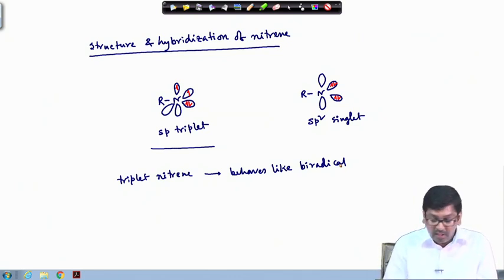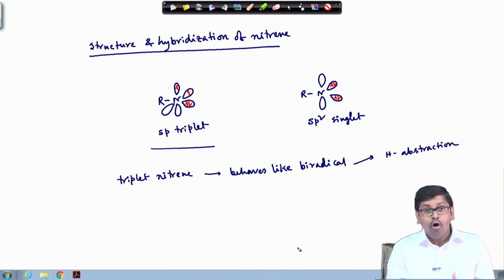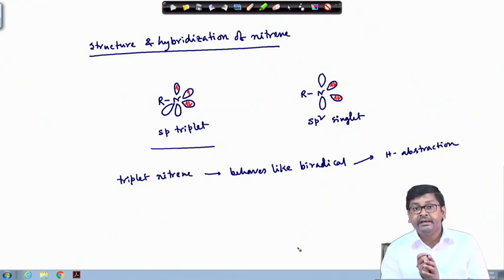Okay. Now, as a biradical, what type of reactions can they do? This can actually do hydrogen abstraction reaction, or similar to a carbene.